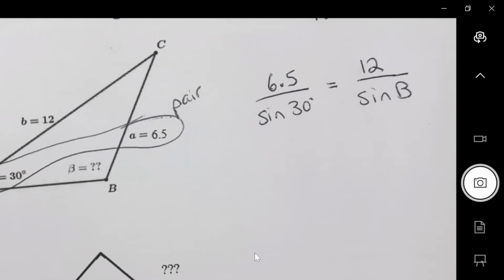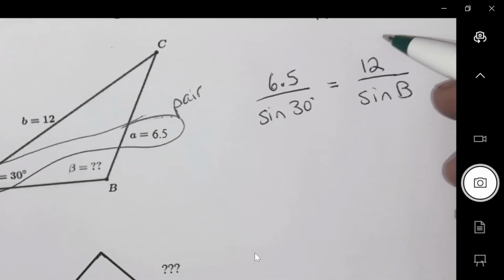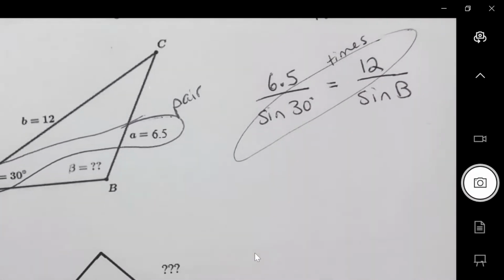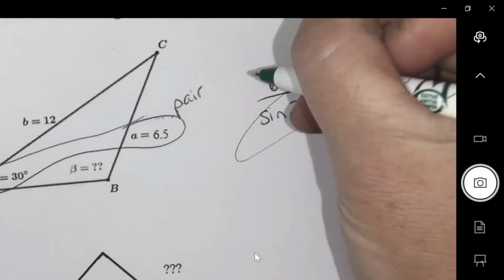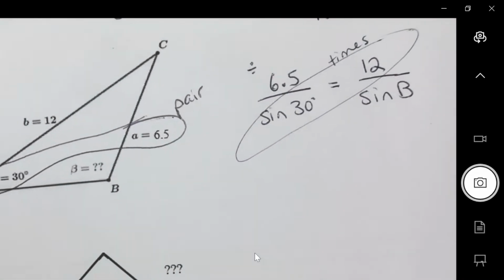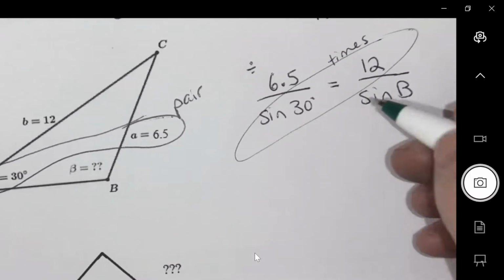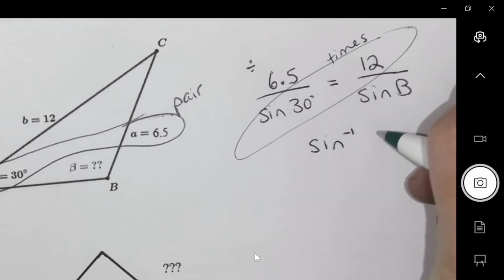Okay, now do you remember how to solve these? You're going to go times those, divide by that, and then because this is an angle, what's always the last step? Do you remember when you're trying to get an angle, you're going to be pushing the inverse button.